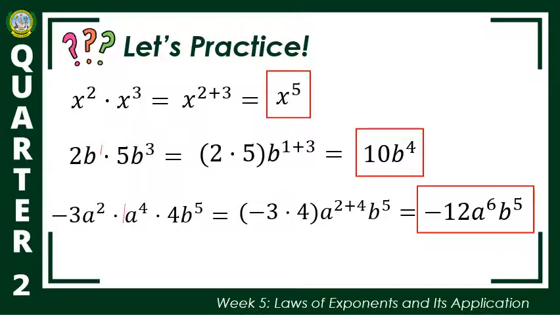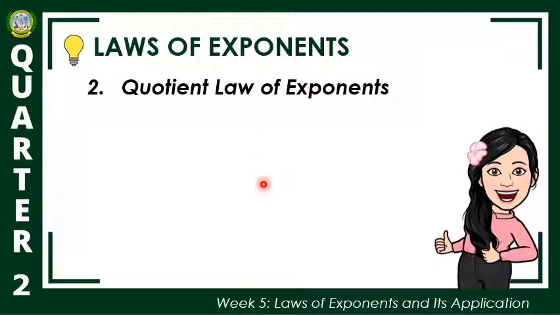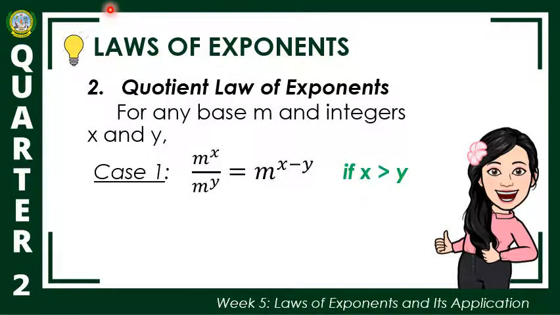Ayan. So, let's proceed to the second law. So, we have now the quotient law of exponents. For any base m and integers x and y, so for this law naman po, we have 3 cases, okay? So, let's study the first case.